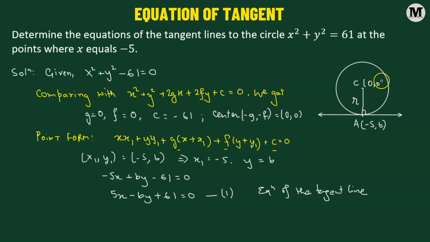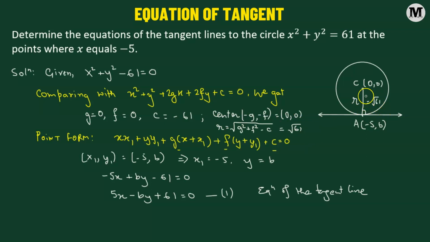So we have 0 comma 0. Now to find out the radius of the circle, we're going to use the formula square root of g squared plus f squared minus c. Here g and f are 0, the c value corresponds to -61, so our radius comes out to be square root of 61, positive 61. So we have the radius as well.